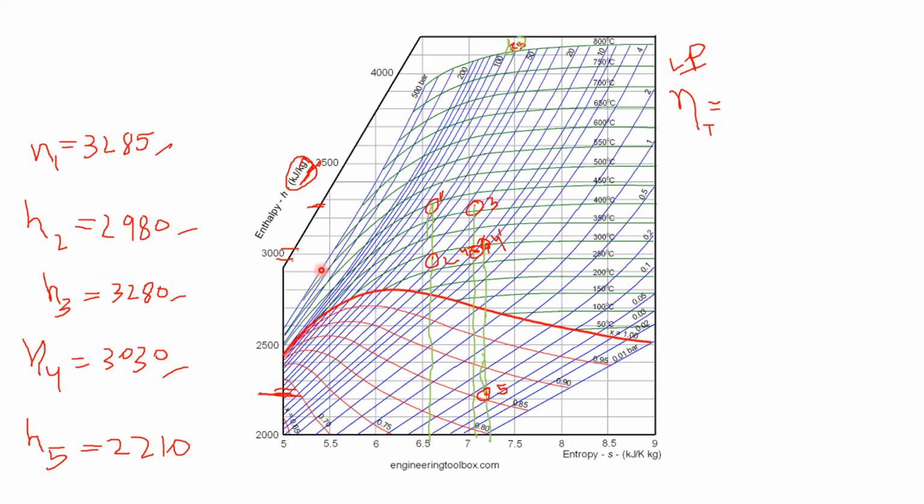That means the equation for the isentropic efficiency of a turbine gives you H4 dash minus H5 dash by H4 dash minus H5.